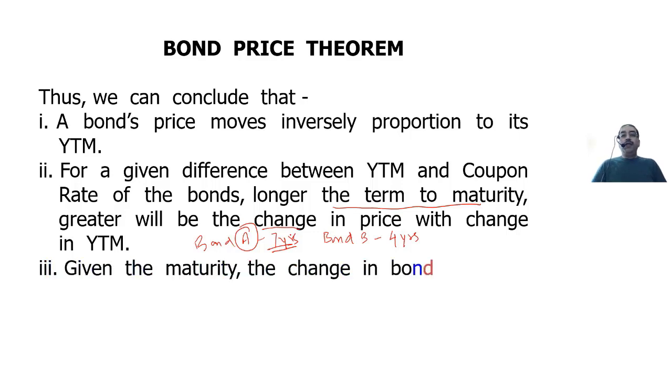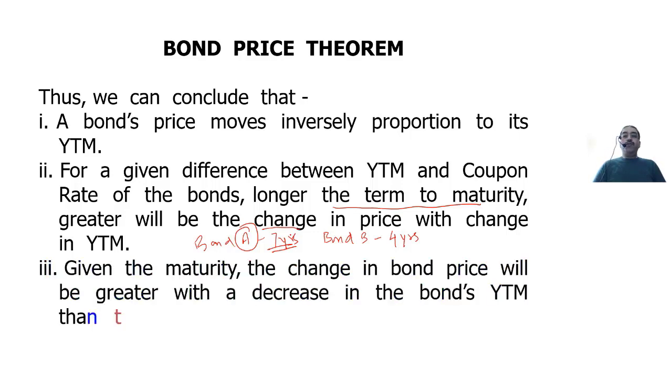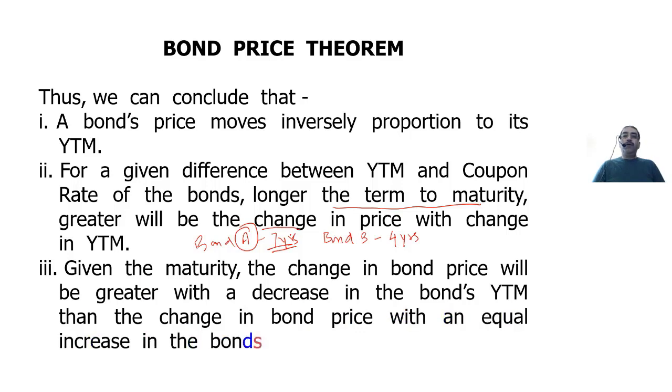Third point. Given the maturity, the change in bond price will be greater with a decrease in the bond's YTM than the change in the bond price with an equal increase in the bond's YTM. That means if the YTM decreases by 1%, the bond price increases by 5%.